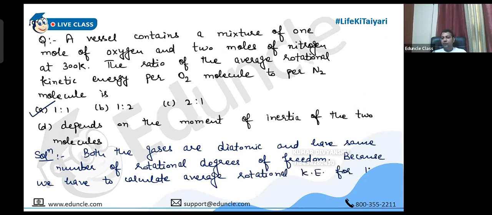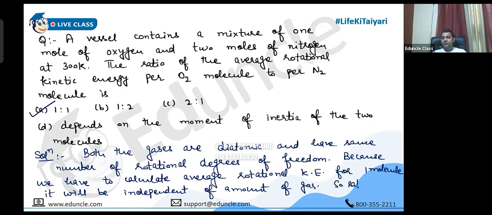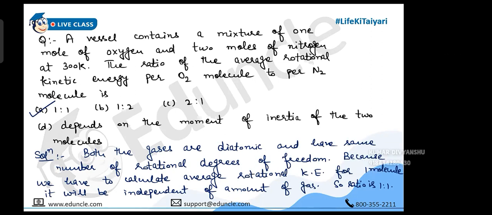Per molecule means for one molecule, so it will be independent of the amount of gas. So the ratio is 1:1. Please check, is it clear? Got it or not? Yes, sir.